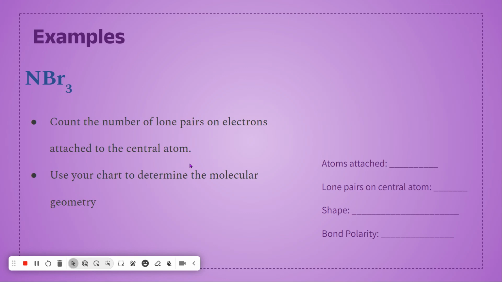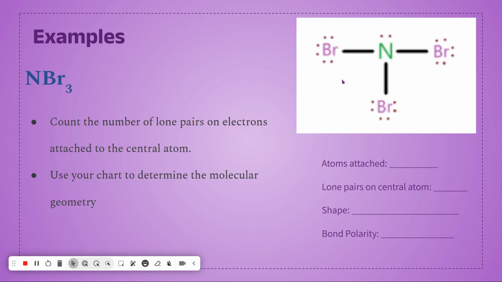All right, so this is the correct Lewis structure for NBr3. Okay, so what you have to do is you have to look. You're looking at only things that are attached to the central atom. Okay, so how many atoms are attached to the central atom? We've got 3 bromine. And then on the nitrogen, we have a pair of electrons.